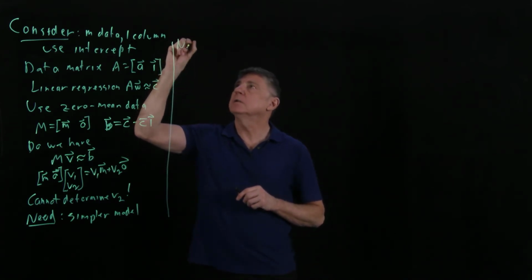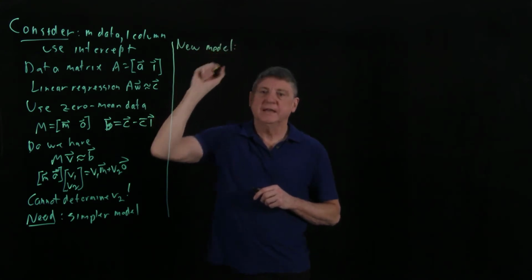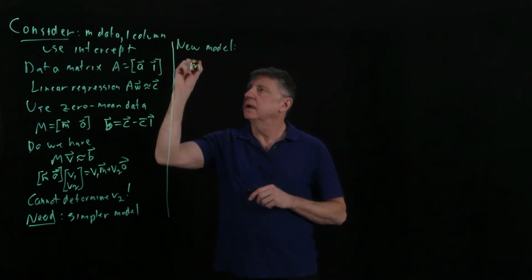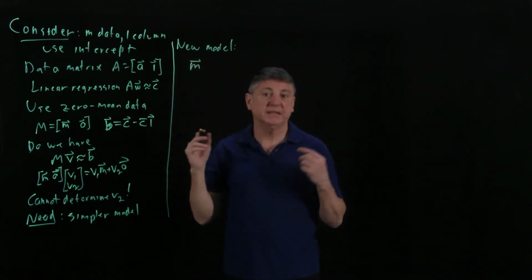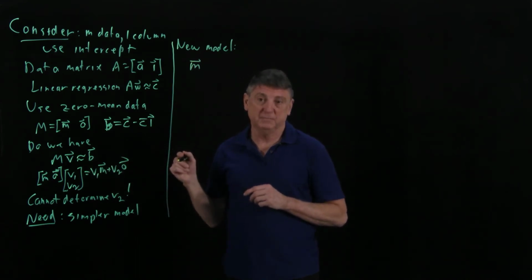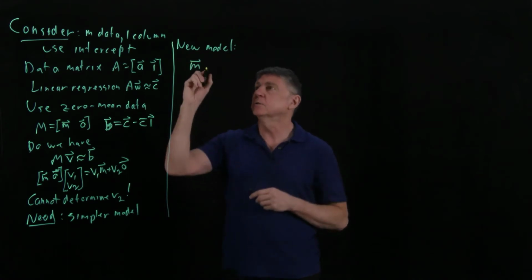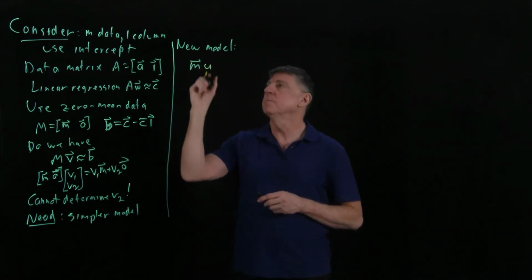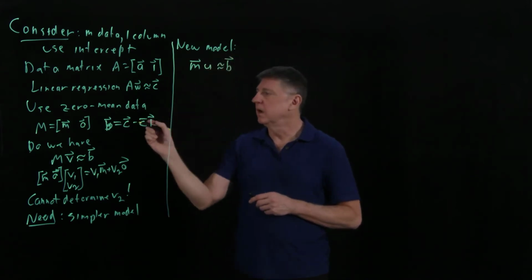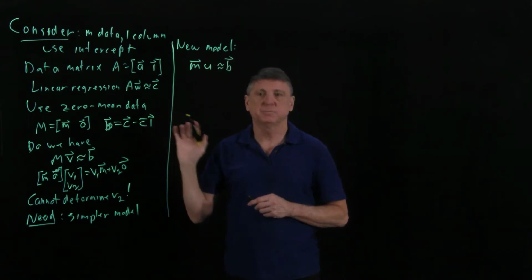Our new model is, we'll say that the M vector times, now if a size 2 vector was too complicated and messy, that means we need a size 1 vector, which is just a scalar. So let's call that scalar value U. And we'll say that that's approximately equal to our zero mean dependent observations.